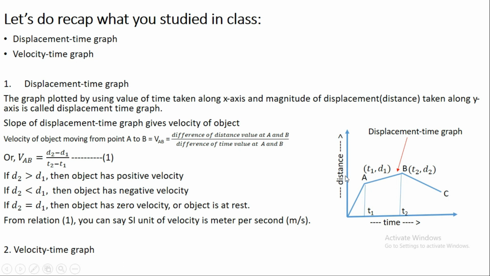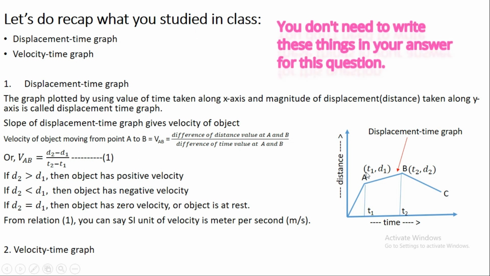From here you can see in graph ABC, as time goes on, the distance traveled by the object is increasing, and from B to C it is decreasing. The coordinates of point A here are (t1, d1), and the coordinates of point B are (t2, d2).